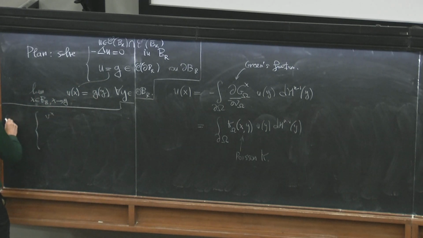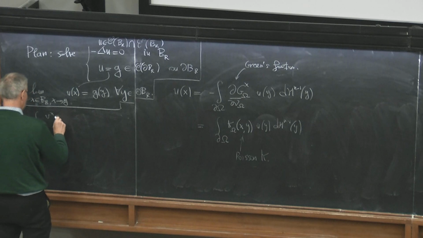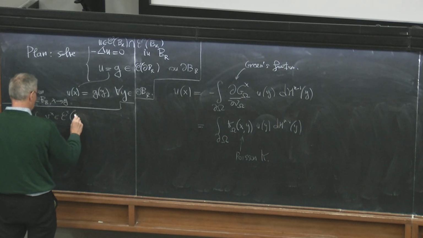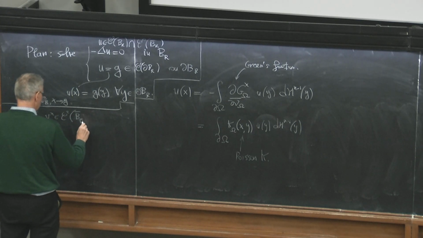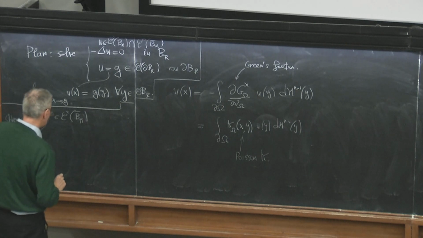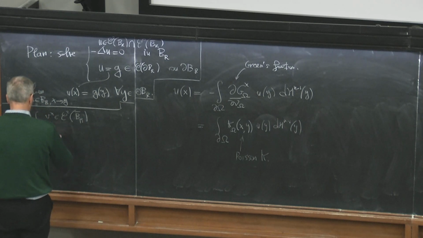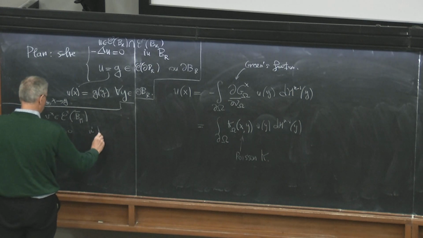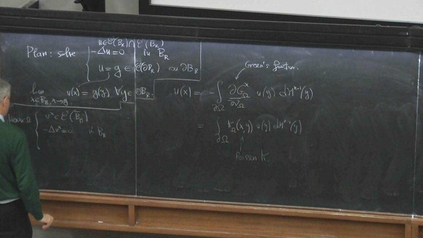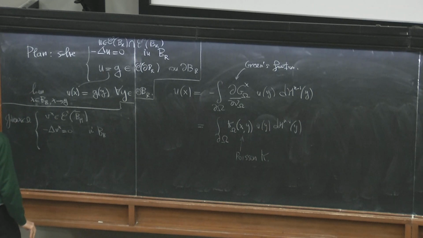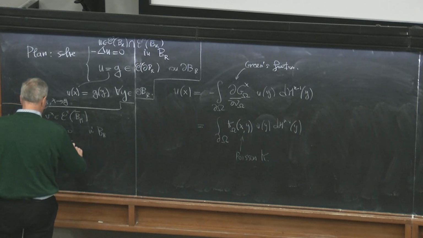Given x in Omega, now go back to Omega equal the ball, harmonic function, and V_x equal G_x on the boundary.